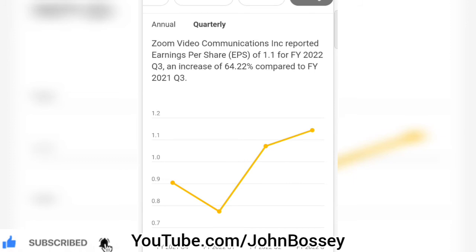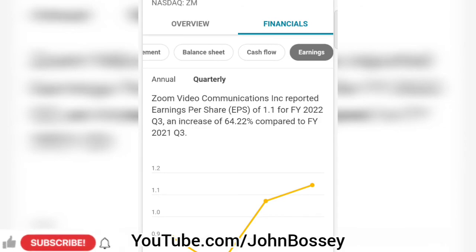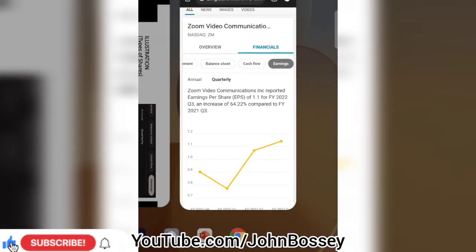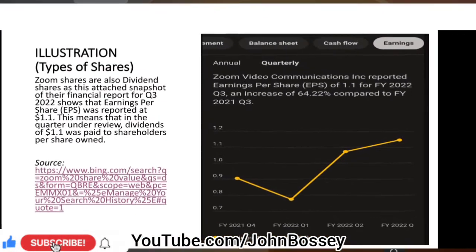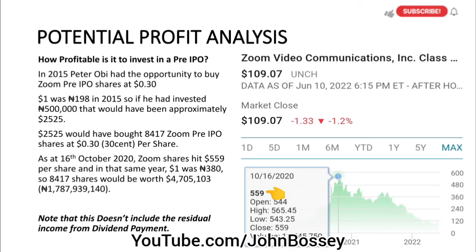This is reported for $1.01. So the data on this website is a bit different from the one we just looked at, but the idea is Zoom pays dividends to shareholders who hold those shares. So you don't profit only from the price appreciation, you equally profit from residual income paid in the form of quarterly dividends. Let's move on.